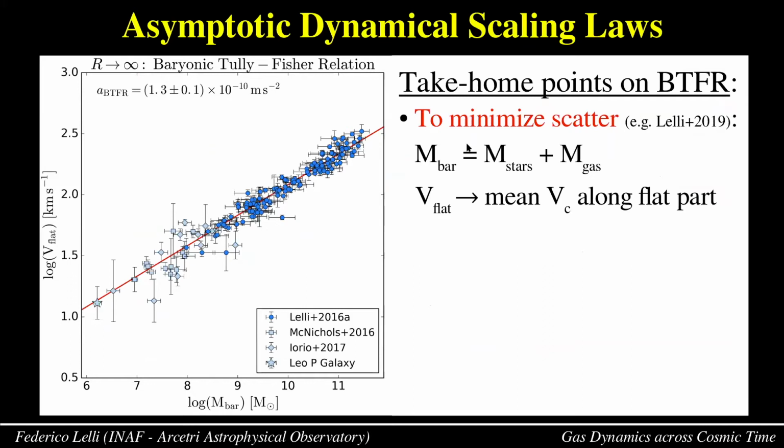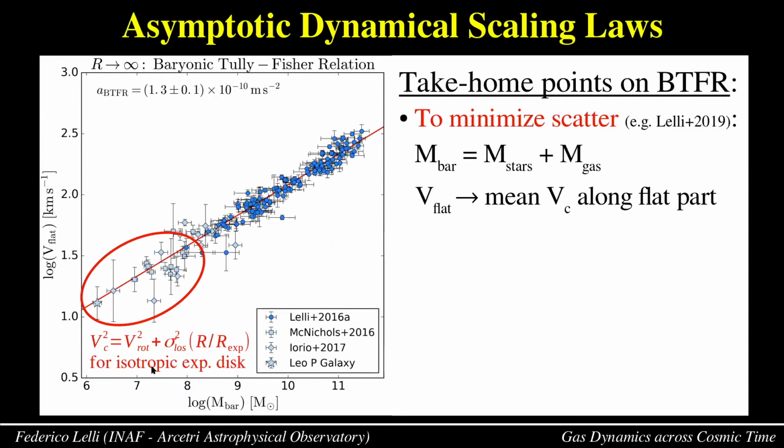If we want to minimize the scatter, it's clear that we have to use the baryonic mass, which is the sum of stars and gas in the disk, on one axis, and on the other axis, V flat, which is the mean circular velocity along the flat part of the rotation curve. I want to stress that this is the circular velocity, not the rotational velocity. In fact, when we go down to extremely low mass galaxies, we need to correct the observed rotation velocities for the pressure support using the asymmetric drift correction.